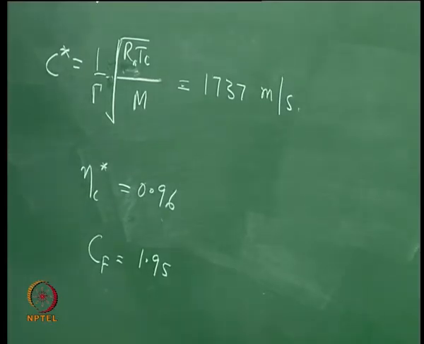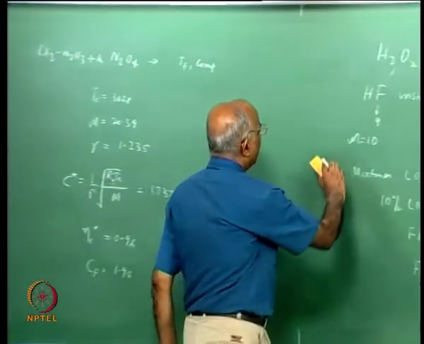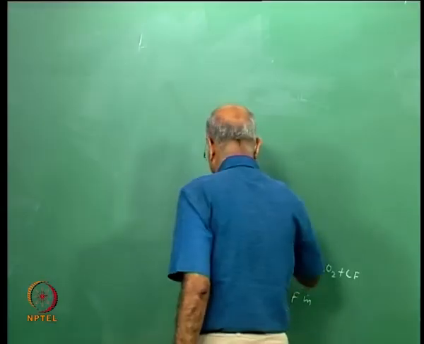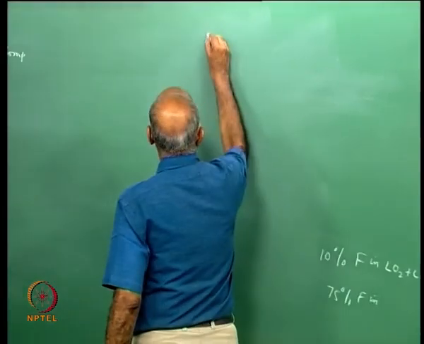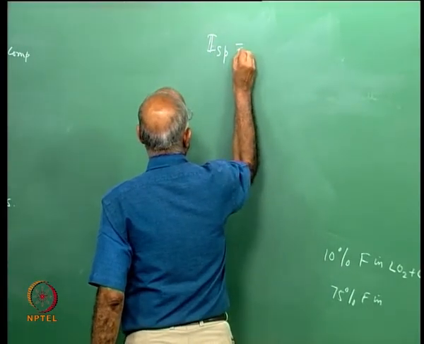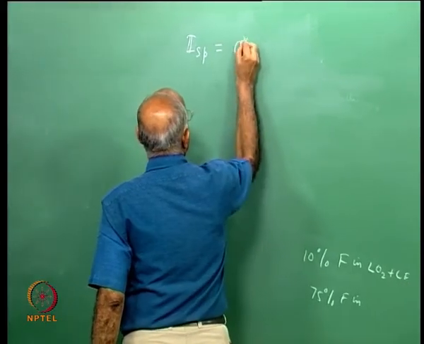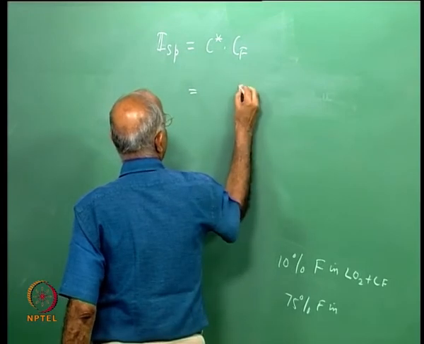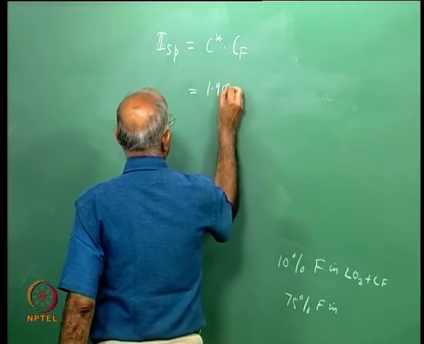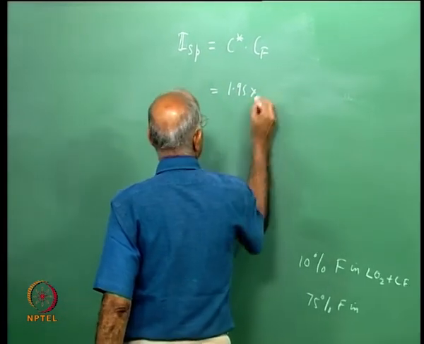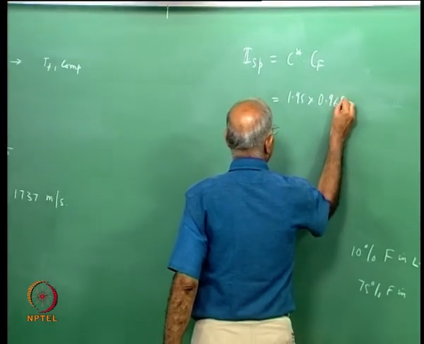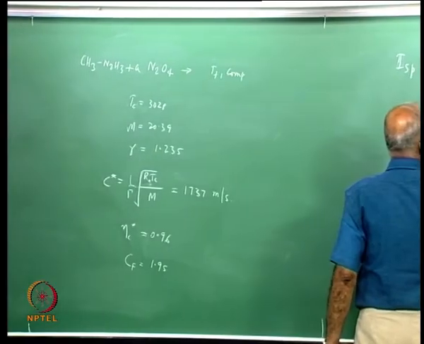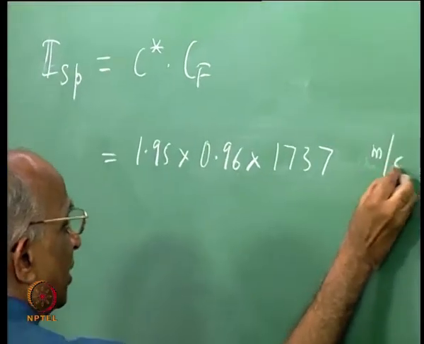Now I want to calculate the value of specific impulse. ISP is equal to C star into CF, which is equal to, CF is 1.95, C star efficiency is 0.96, the theoretical value is 1737 meters per second.